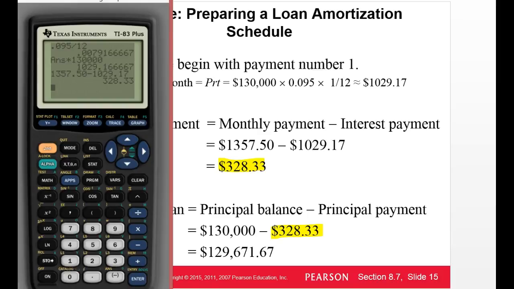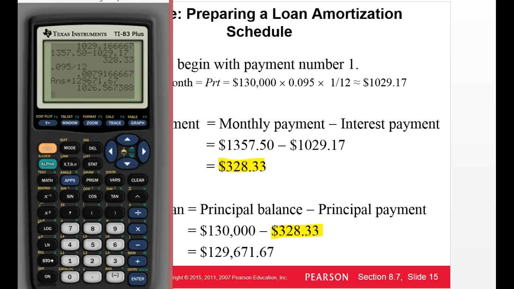So I'm going to take that 0.095 divided by 12 again. There's that same rate, but now for the second month the balance is $129,671.67. That's the new balance, so that's how much goes to interest.